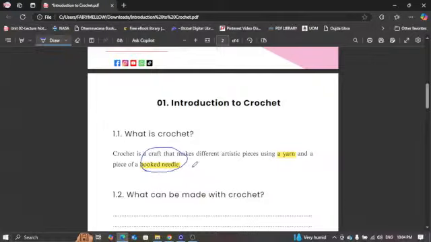Some people confuse crochet with knitting. Some people think crochet and knitting are the same craft. Some people consider them similar in meaning, but there is a main difference between crochet and knitting.